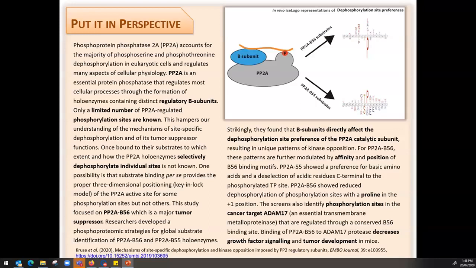And it was found that screens to identify phosphorylation sites in the cancer target ADAM17, an essential transmembrane metalloproteinase, are regulated through this conserved B56 binding site. By binding of PP2A B56 to the ADAM17 protease, there is a decrease in growth factor signaling and also tumour development in mice.